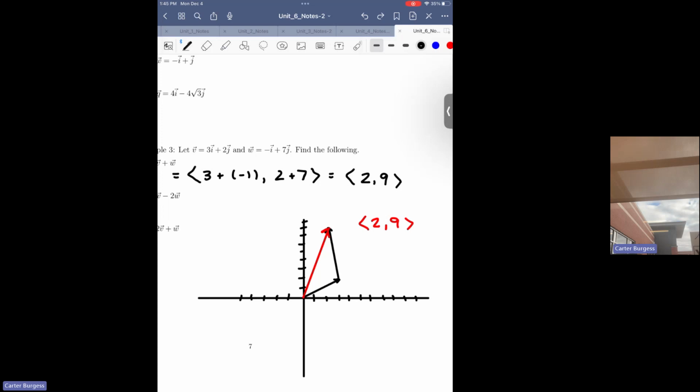Three minus negative 2 can be 5. That's why minus a negative gives you a positive. But otherwise, yep, that looks good.